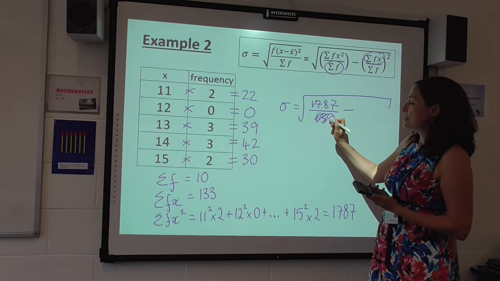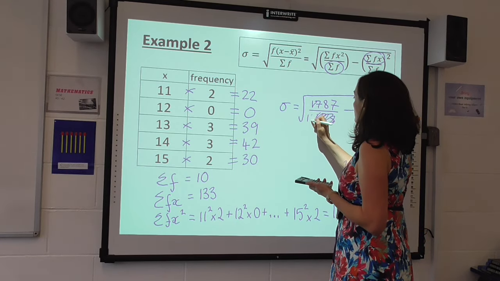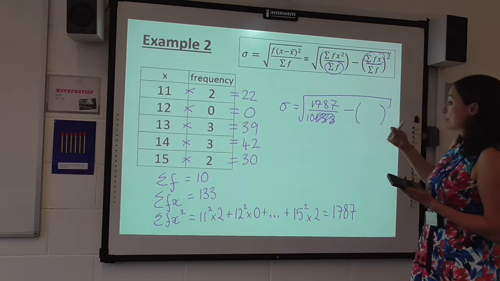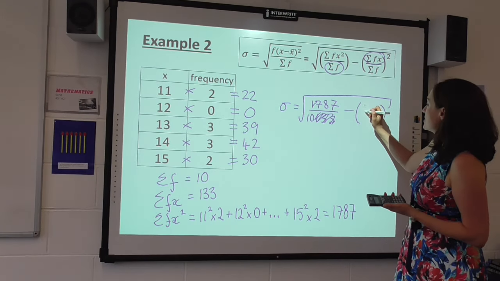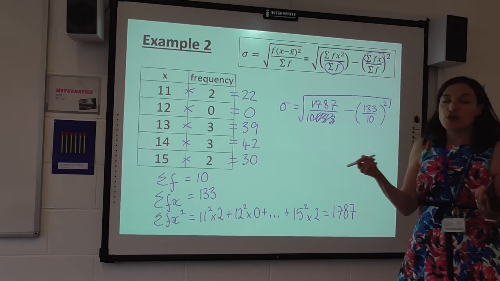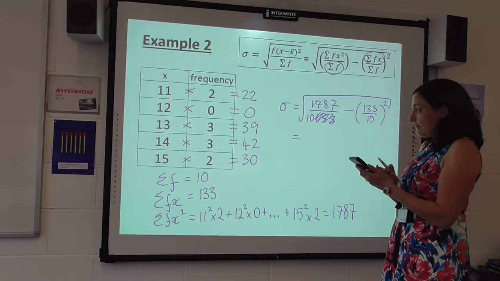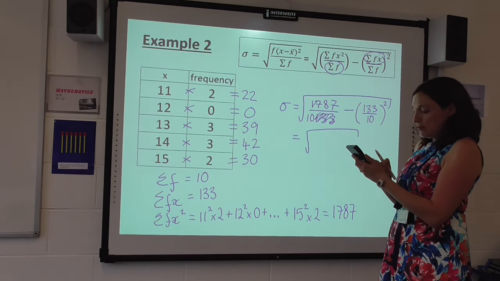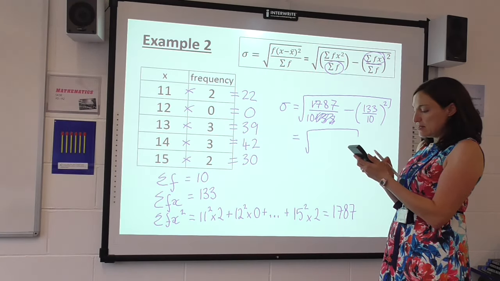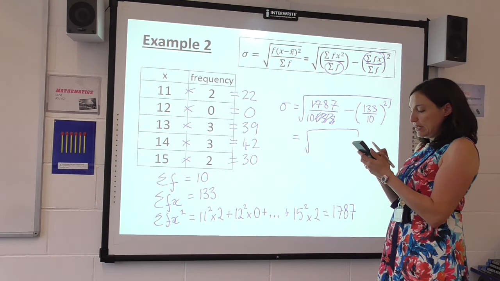What I did there was put the sum of the x values, rather than the frequencies. And I want to subtract the mean squared, which is 133 over 10 squared. 13.3 would be perfectly all right under those circumstances. So we have 1787 divided by 10 minus 13.3 squared.